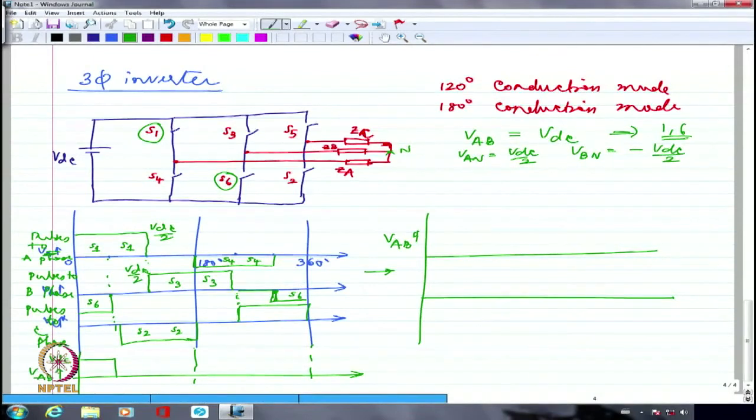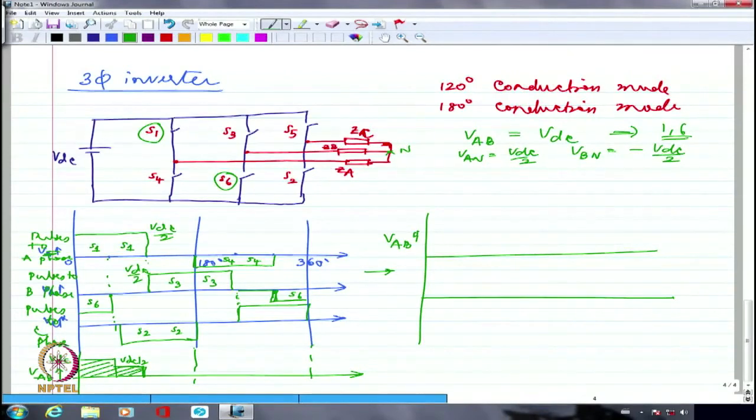Right? What is going to be the next value of voltage? Here I am having 0 volts as VB, whereas here it is going to be VDC by 2. So during this portion, I will have VDC by 2 as the voltage. So this is VDC, whereas this is VDC by 2. Please note that this is going to be my line to line voltage.